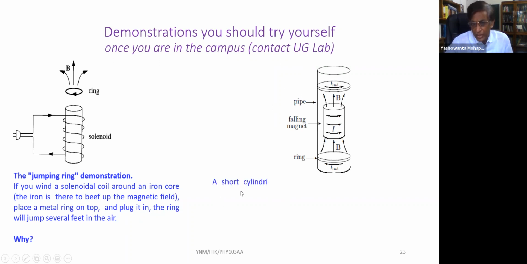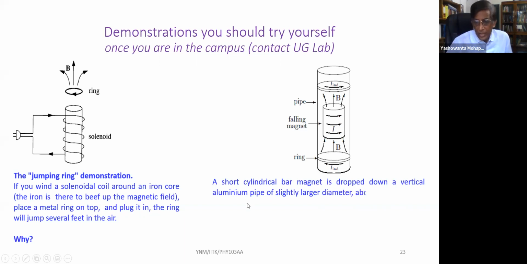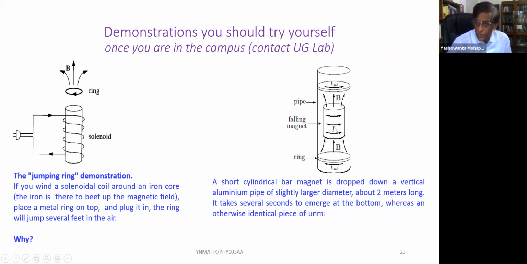I'll describe it. A short cylindrical bar magnet is dropped down a vertical aluminum pipe, quite large, of slightly larger diameter, about 2 meters long. In our experiment also, it takes several seconds for the falling magnet to emerge at the end, whereas an exactly similar piece of unmagnetized iron makes the trip in a fraction of a second.